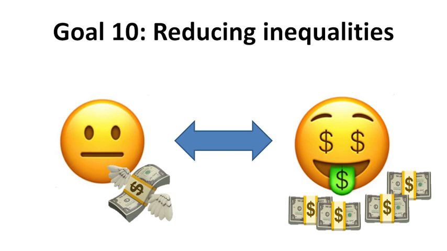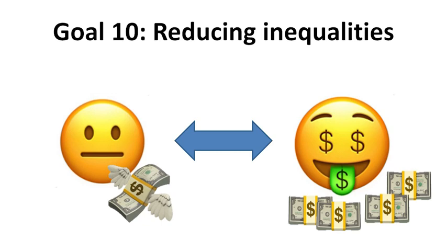The targets relating to means of achieving goals call for special and differential treatment for developing countries, encourage development assistance and investment in least developed countries, and call for reduction of transaction costs for migrant remittances.